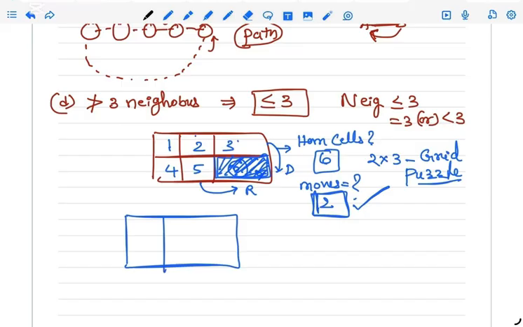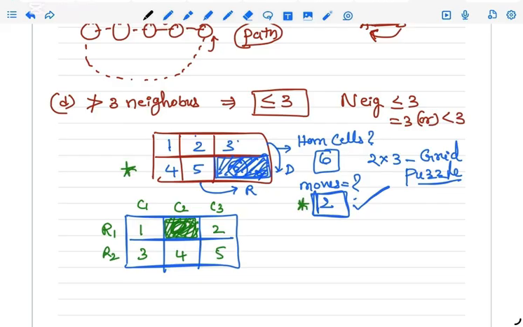If the empty space is at a middle position, for example with column 1, column 2, column 3 and row 1, row 2, so if the empty position is at the middle column, how many moves are possible? Here, 2 moves are possible at the corner position. Very, very important.